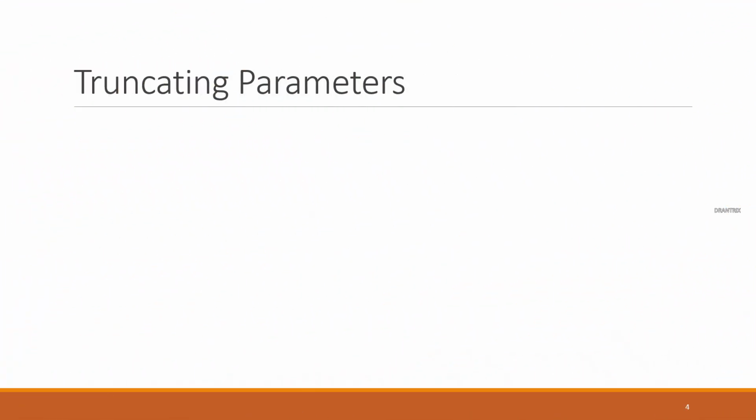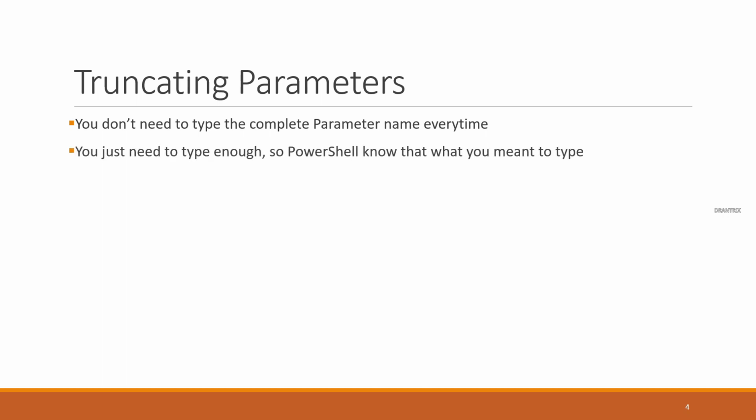So moving on. There is something called truncating parameters. It is kind of a shortcut, you can say. You don't need to type the complete parameter name every time. All you have to do is type enough so that PowerShell will know what you meant to type.